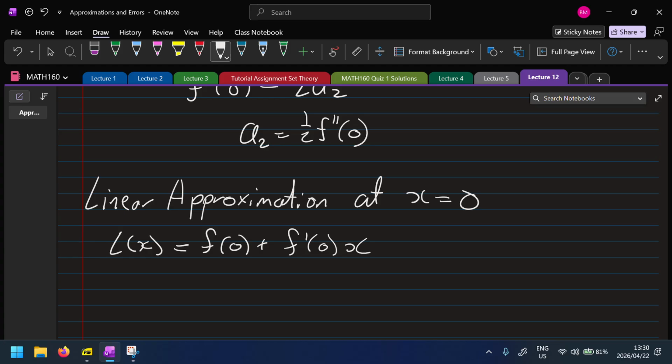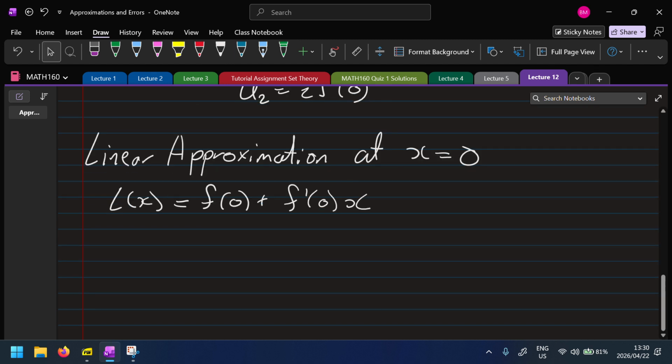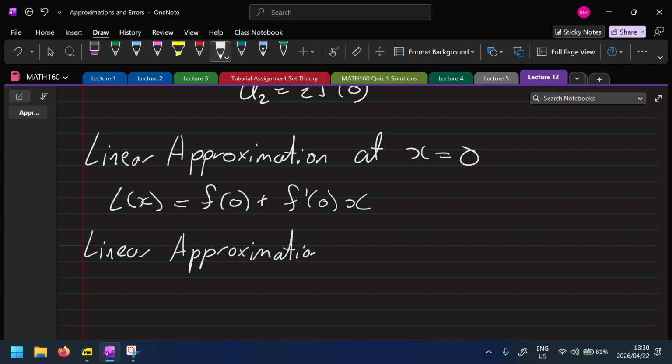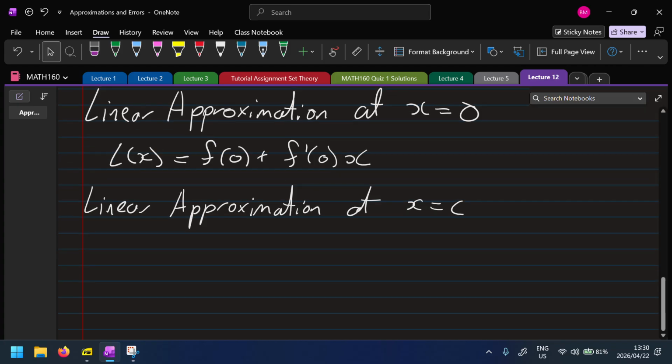Now, if we wanted this at some other point, x equals c, we can just shift everything over to x equals c. So the linear approximation at x equals c. So instead of doing all that work again, we just shift our answer.